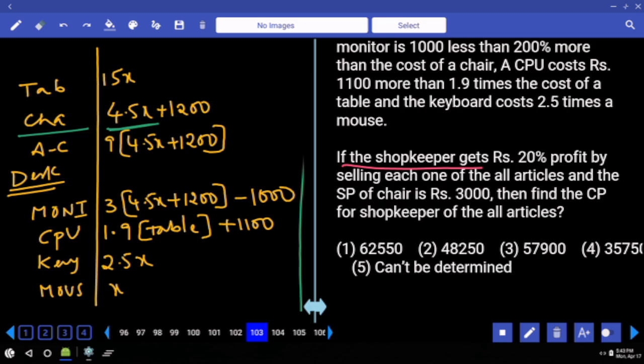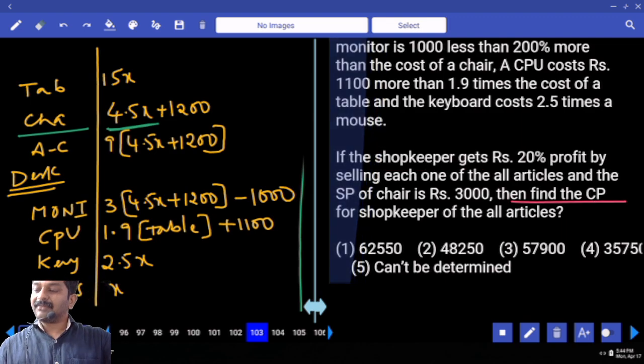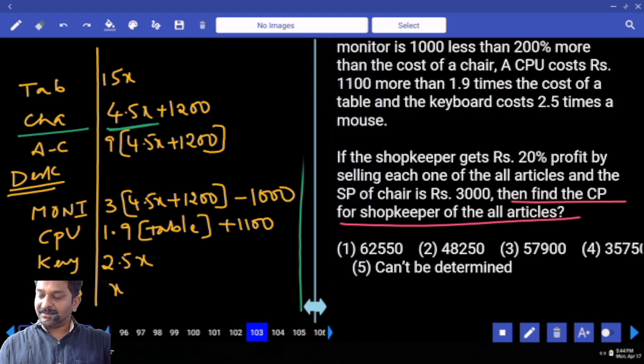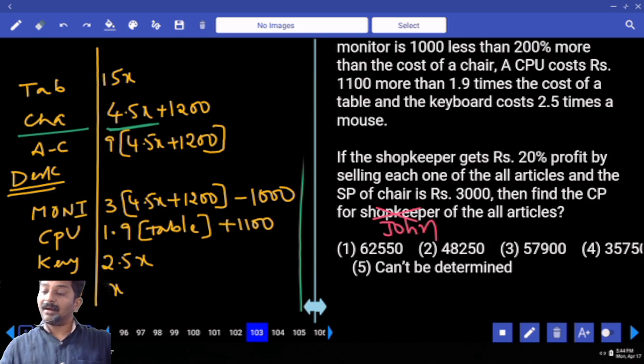For me it is the selling price. Yes, I will sell the item and the same for you becomes the cost price. The question must be to find the cost price for John on all the items.